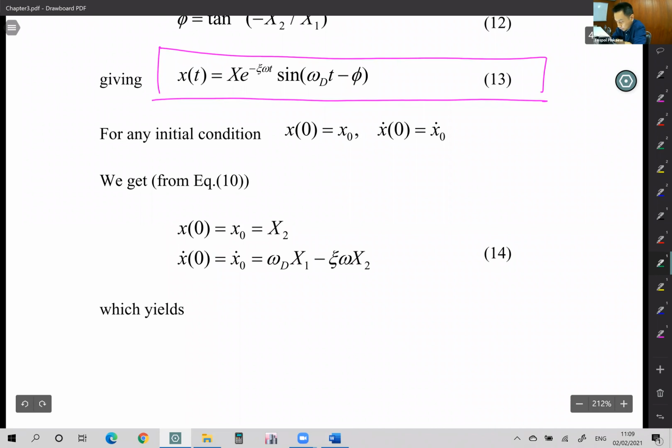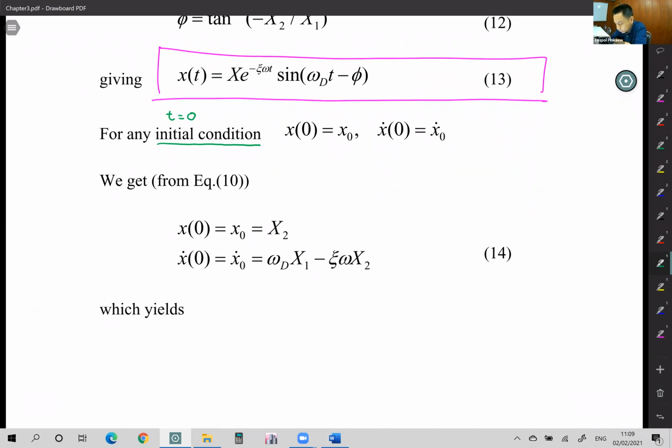So when we are talking about the initial condition, the word initial means t equal to 0 is the starting time.